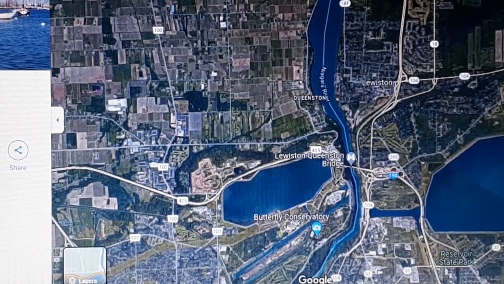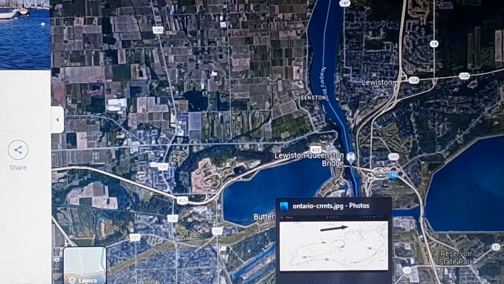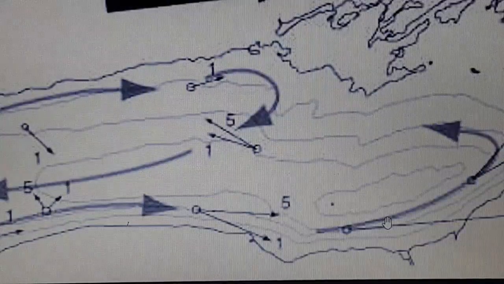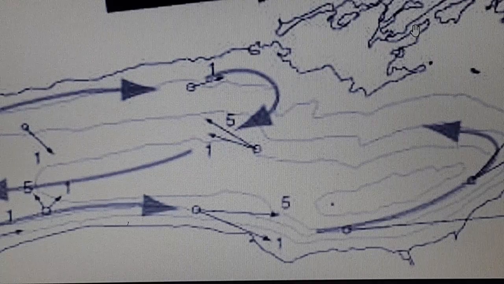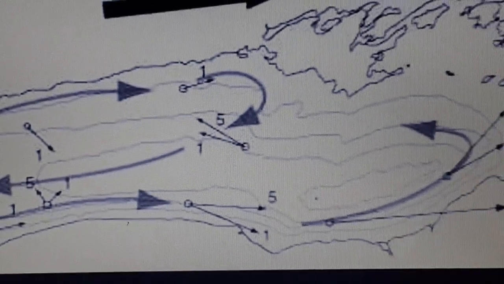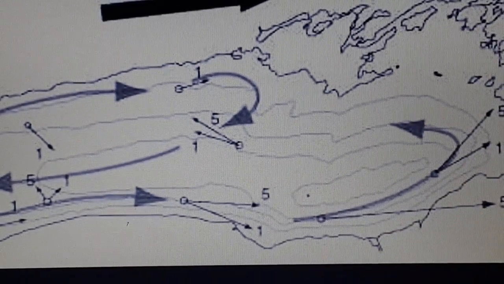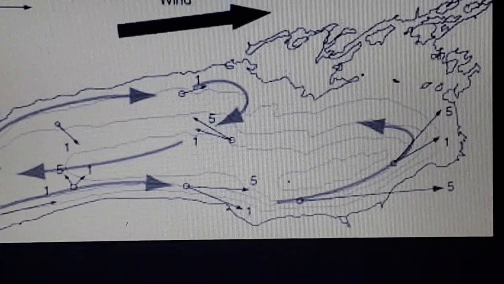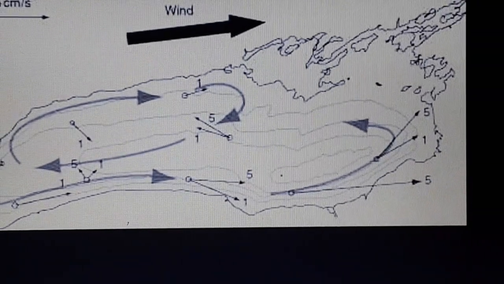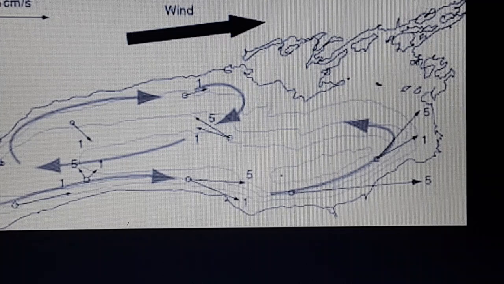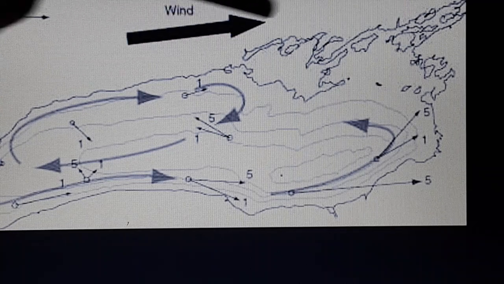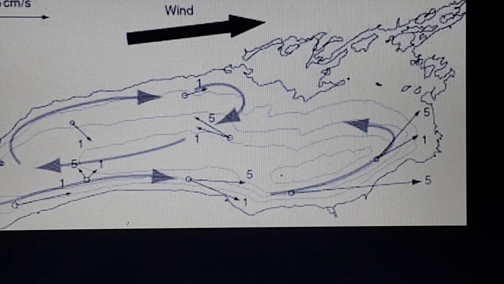So allow me to now go to a picture. And this is Lake Ontario. I'm going to zoom out a little bit. This is how the water flows in general on Lake Ontario. You can see that the wind generally goes in a west to east direction.